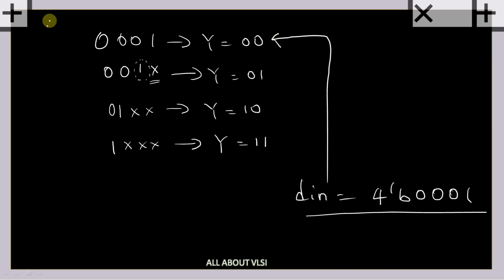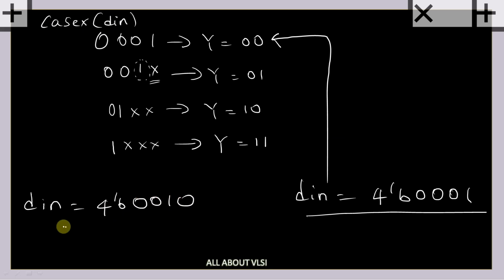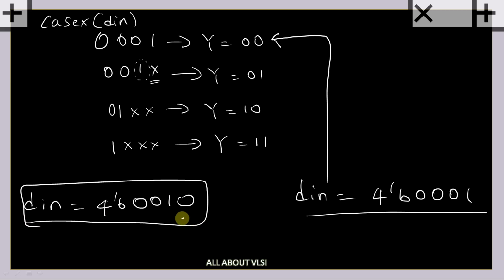And you are writing a casex statement here, not a case statement. You are writing a casex statement with your din as the argument. Now if your din is equal to 4'b0010, then this is going to match with this statement, and here the x is treated as 0.